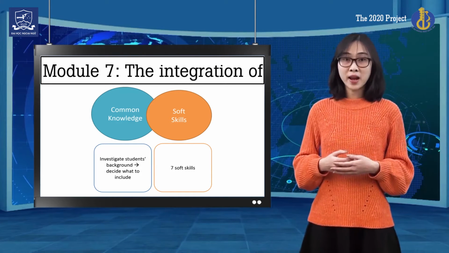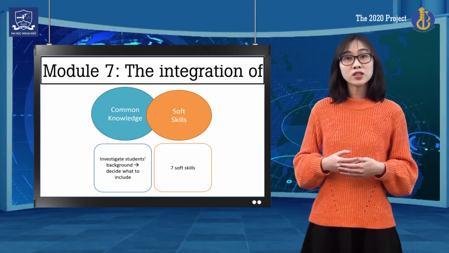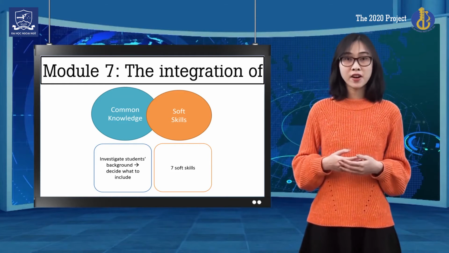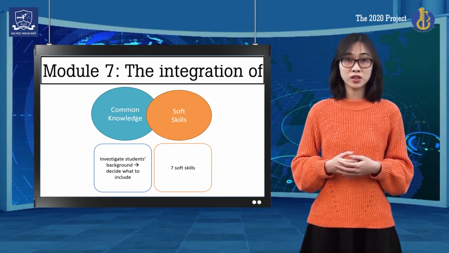The second aspect to be integrated is the soft skills. 7 soft skills have been identified and chosen to be implemented in all institutions.